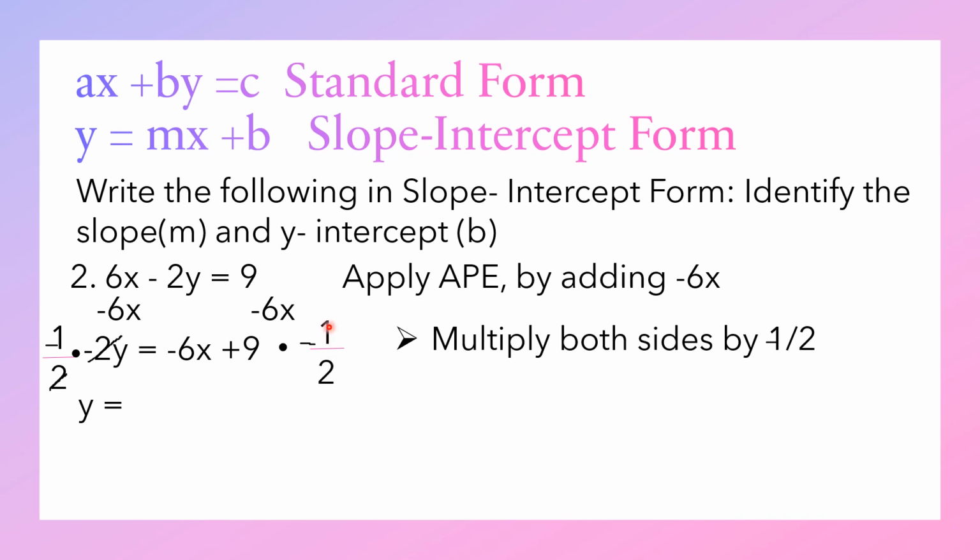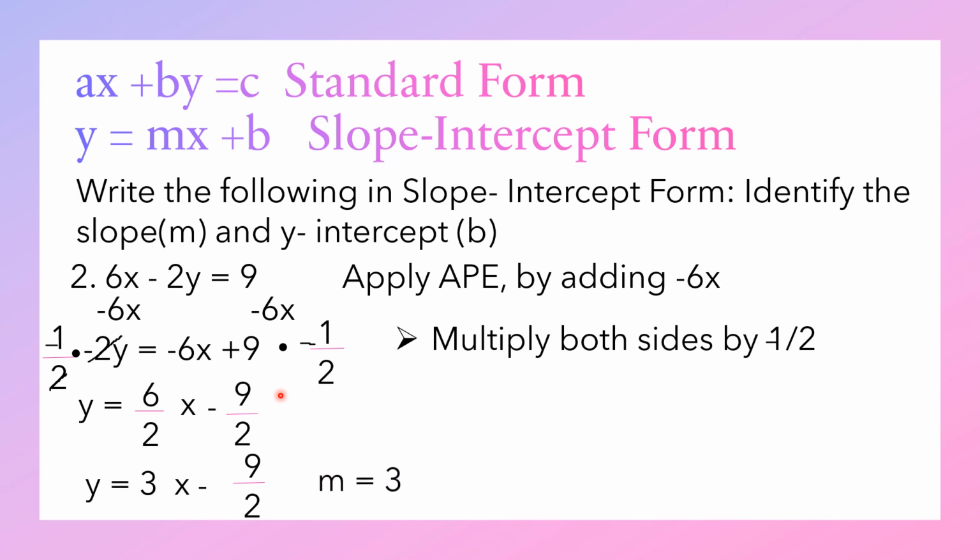Distribute ko siya. Negative 1 times negative 6 magiging positive 6 divided by 2. So that is 6 divided by 2, x. And then, negative 1 times 9 maging negative 9 over 2. So negative 9 over 2. So now, simplify ko yung 6 divided by 2. That is equal to, y is equal to 3x minus 9 over 2.